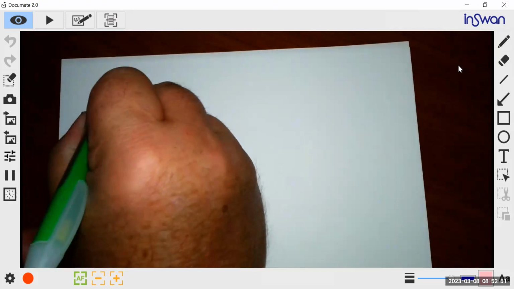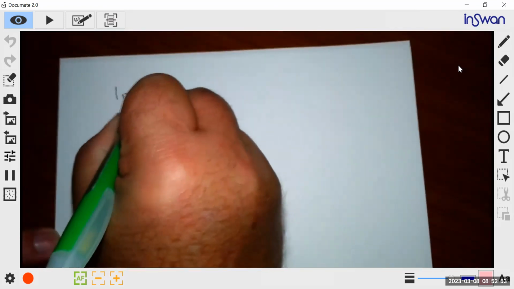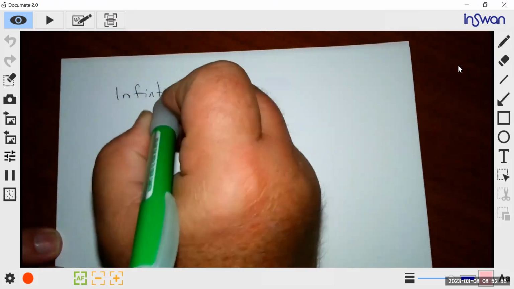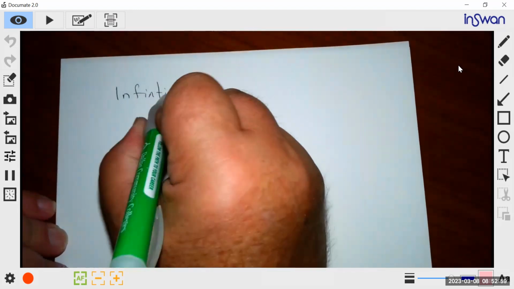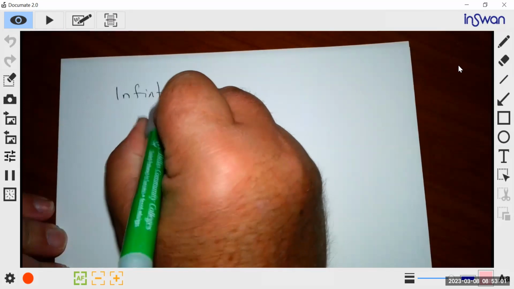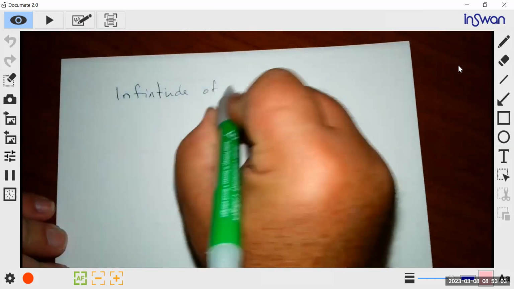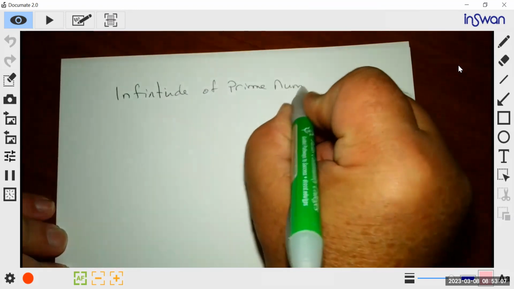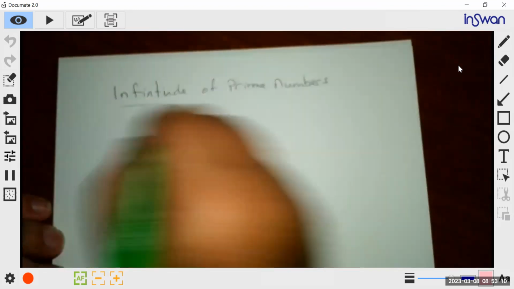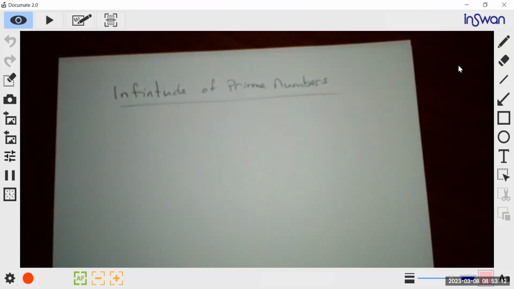This is called the infinitude of prime numbers.